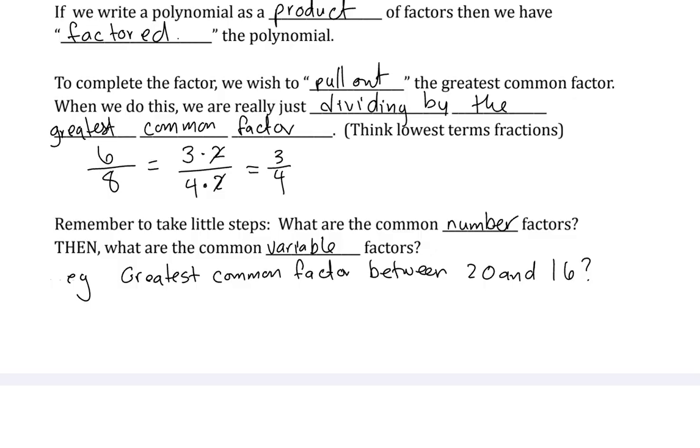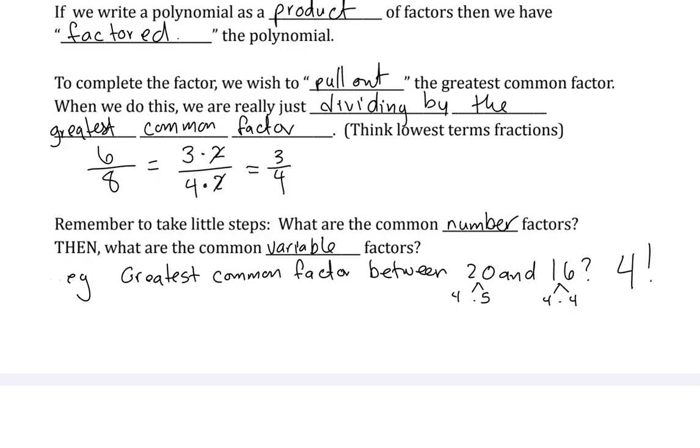Well, 5 doesn't go into both. 2 goes into both, but there's a bigger number that goes into both. So 20 is 4 times 5, and 16 is 4 times 4. So the greatest common factor between 20 and 16 is 4.